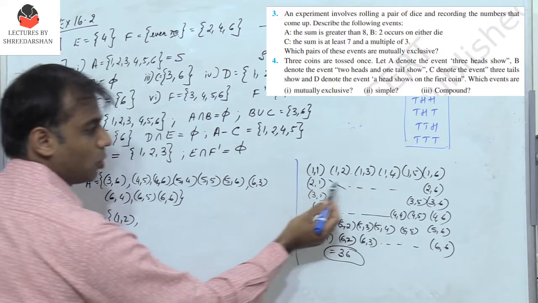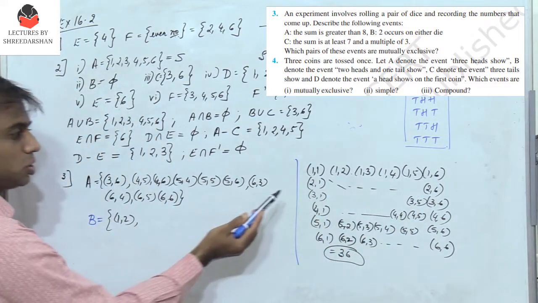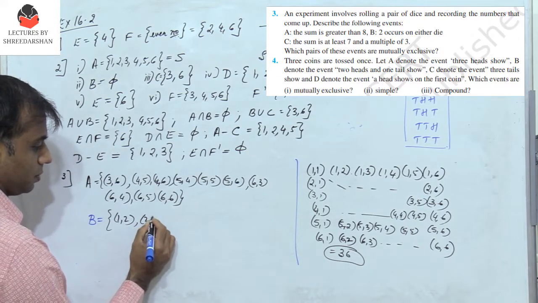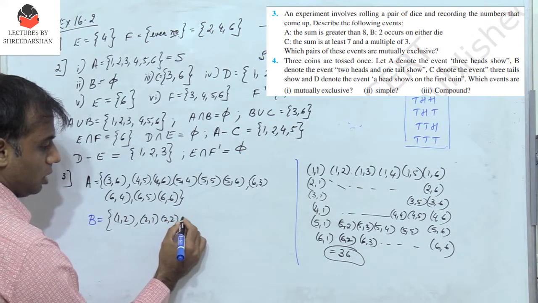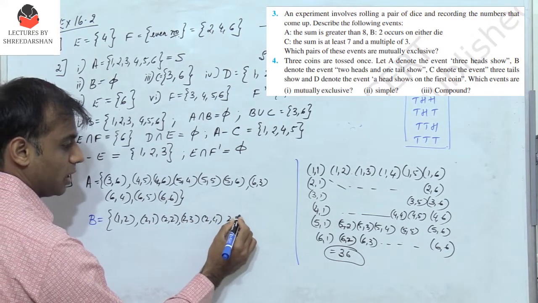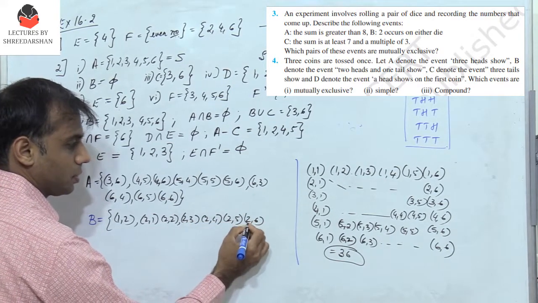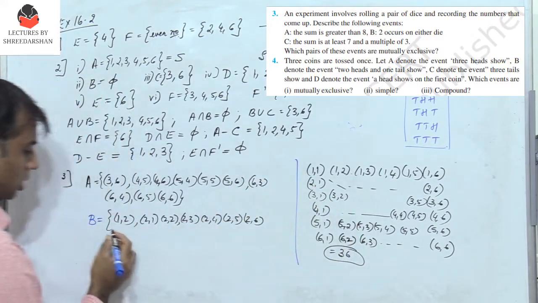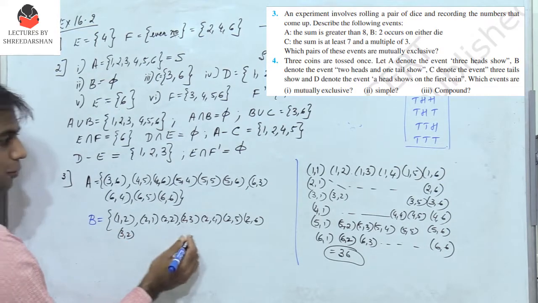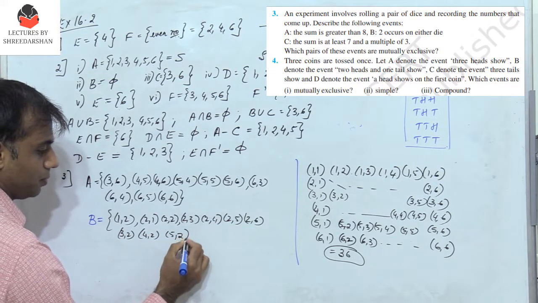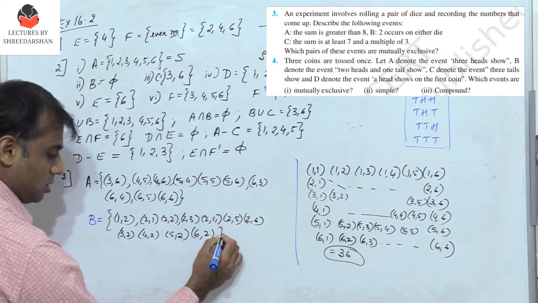In the second row I have all the 6 combinations because 2 is occurring either on the first die or on the second. So I have (2,1), (2,2), (2,3), (2,4), (2,5) and (2,6). In the third row I have (3,2), where 2 occurs. In the fourth row I have (4,2). In the fifth row I have (5,2) and in the sixth I have (6,2).